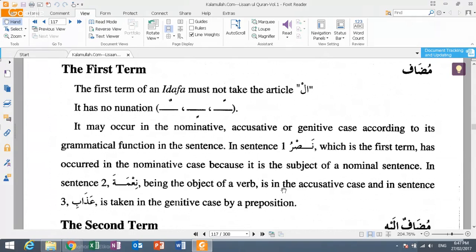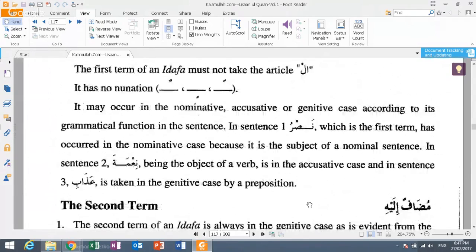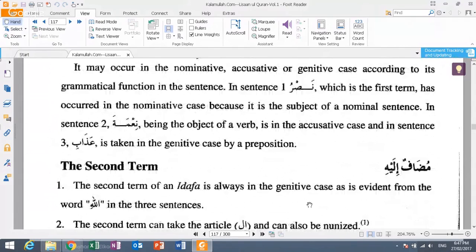So ni'mata is mansub, is a maf'ul, the object. That's why we see the fatha on it. In sentence 3, adabi is taken in the genitive case by a preposition. That was min. Okay, that's about mudaf. Clear?